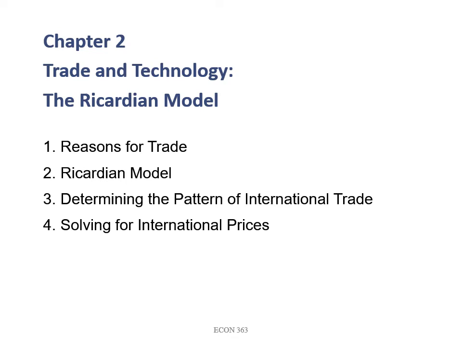We're going to begin covering the Ricardian model, which is covered in Chapter 2. We'll do it in two parts. The first part will set up the model, and then next time we'll work on how we solve the model for the solutions to international trade equilibrium.